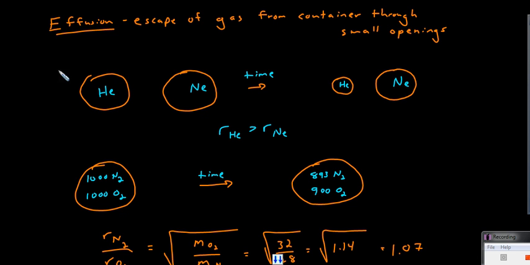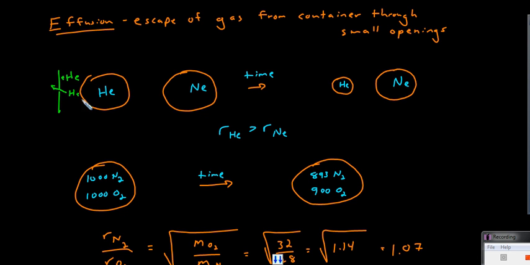Helium is going to occasionally be colliding with the wall, and even more occasionally going through a small hole in the wall of this balloon. And neon will do the same. But one will do it much more frequently than another.